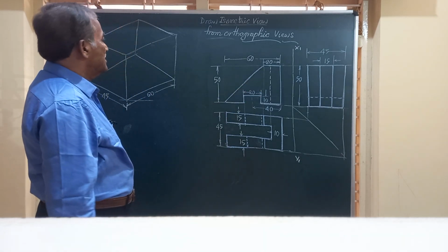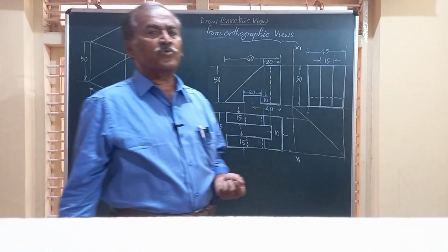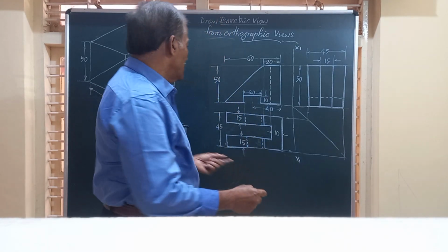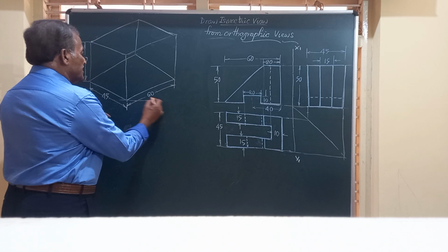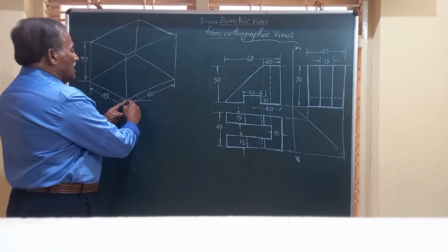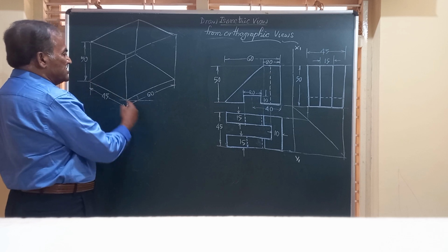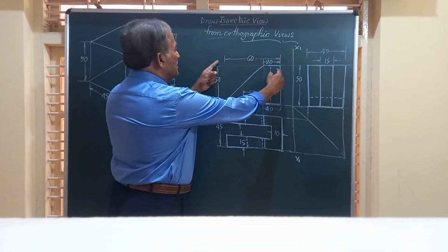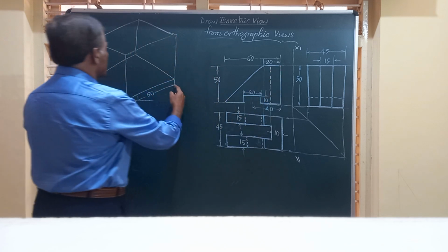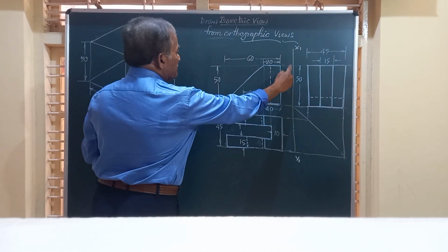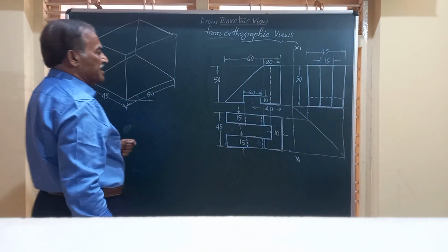Now friends, basically what we do, we are going to write down a 30-degree axis here and mark on this horizontal axis, that is the inclined axis, the maximum dimension. You can see the maximum dimension is 60. The height is equal to 50, that can be seen both in the front and end views.